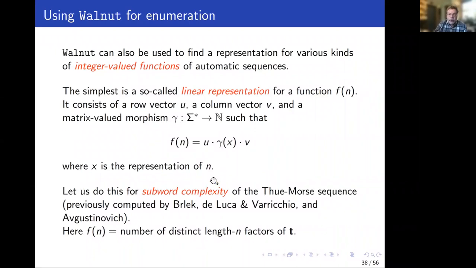So we can do this for subword complexity of the Thue-Morse sequence, for example, which was previously done by Brlek, and de Luca, and Varricchio, and Avgustinovich independently back in the late 80s, if I remember right. So here, f of n is the number of distinct length n factors of t. So how do we do this?